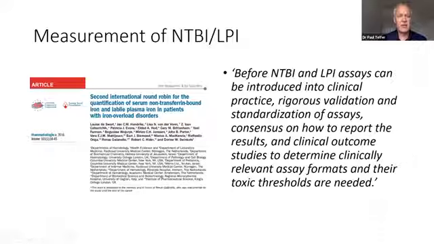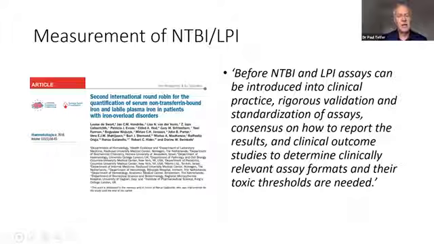This is just to reiterate what I've been telling you about the measurement of non-transferrin bound iron and labile plasma iron. There are plenty of research papers where it's been used and where it's provided, particularly LPI, important information about what's going on with chelation and toxicity.